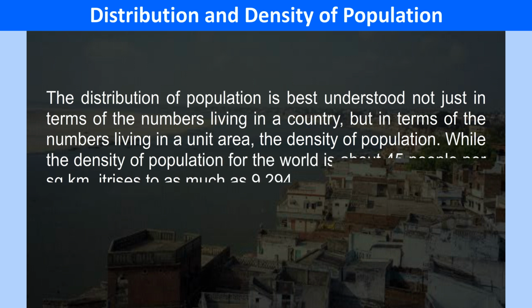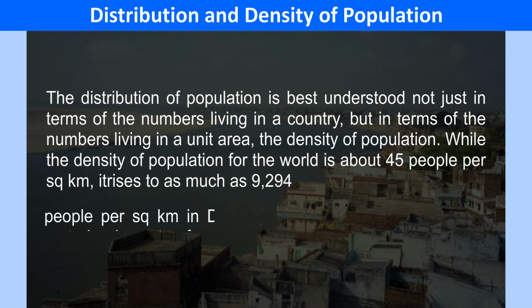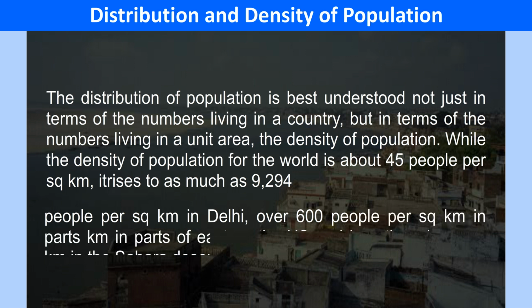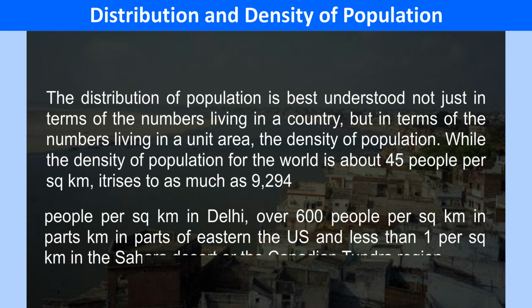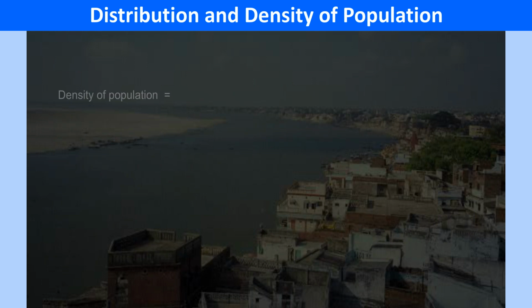While the density of population for the world is about 45 people per square kilometer, it rises to as much as 9,294 people per square kilometer in Delhi, over 600 people per square kilometer in parts of eastern US, and less than 1 per square kilometer in the Sahara Desert or the Canadian tundra region.